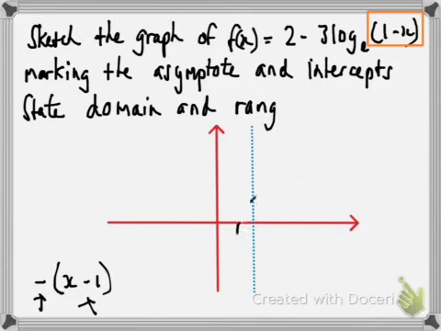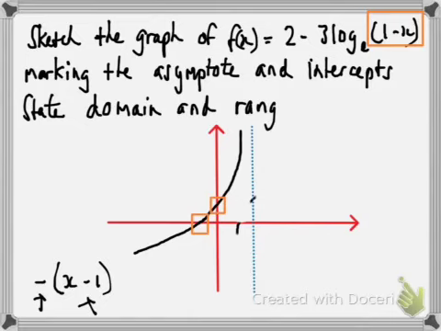A bit hard without rubbing everything else out, but you get the idea. So our graph, after the 2, is going to be something like that. It's been shifted and undergone both reflections. So I'm probably going to get a y-intercept about there and x-intercept about there. Now I always like doing that rough sketch first, because it gives me an idea of where I'm going.